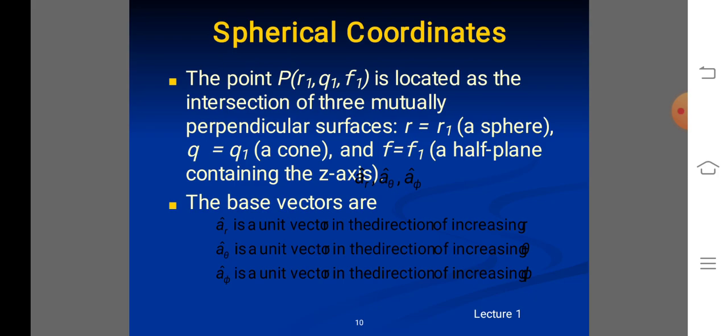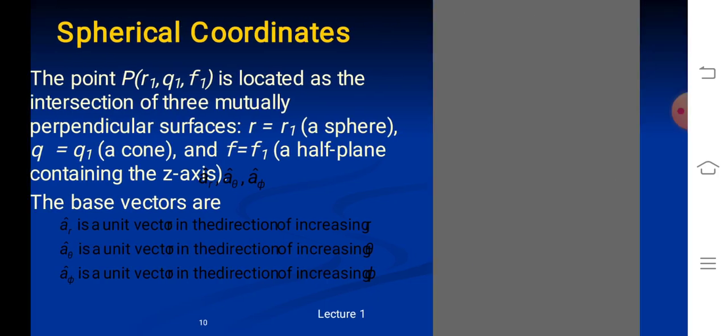A point P in the spherical coordinate system is represented as r, theta, phi. That r, theta, phi are the directions of the spherical coordinate system. Depending on those directions we make the base vectors a_r vector, a_theta vector, a_phi vector.